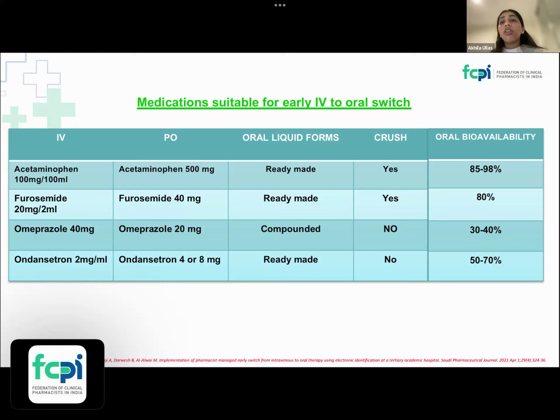You need to check all the factors, but this is not always possible, because fewer formulations are available for some of the drugs.